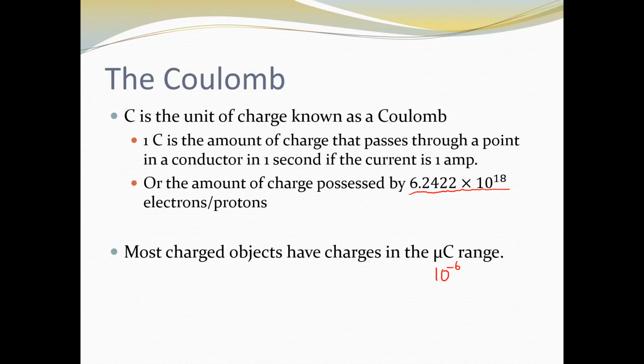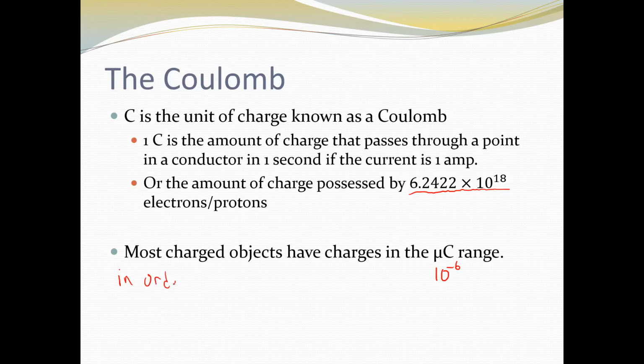So there you go. That's the Coulomb. The Coulomb is our unit of charge, and 1 Coulomb is equivalent to this many electrons or protons, 6 times 10 to the 18. So I'll make a note here.